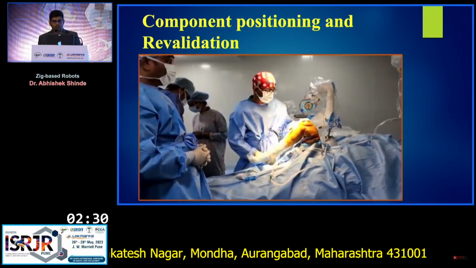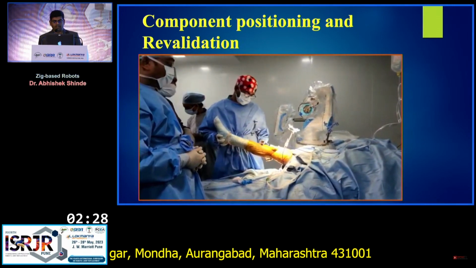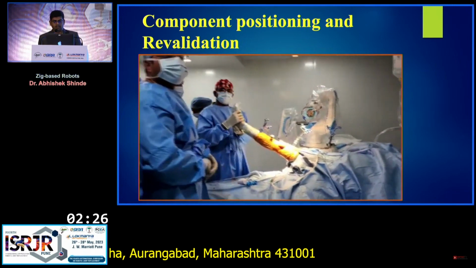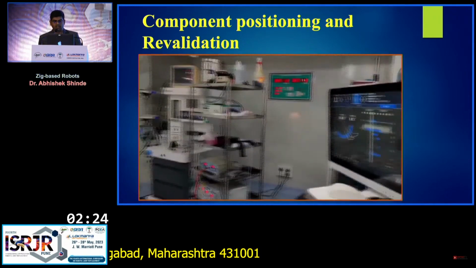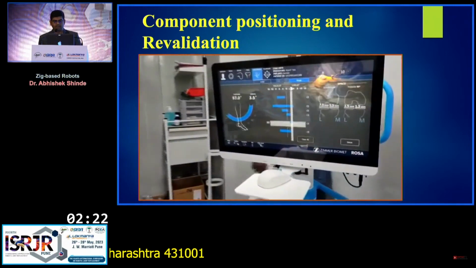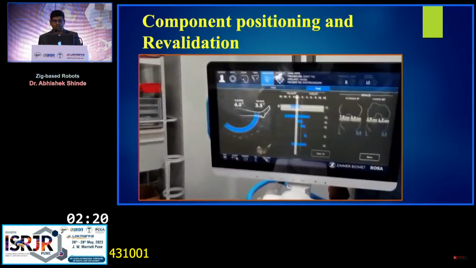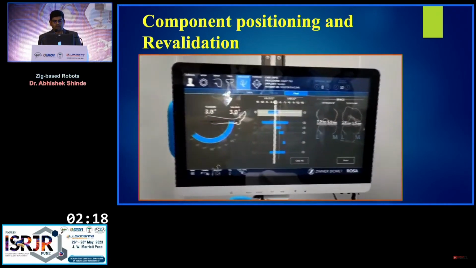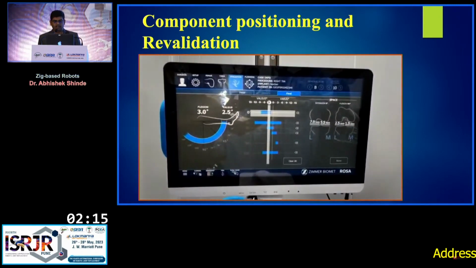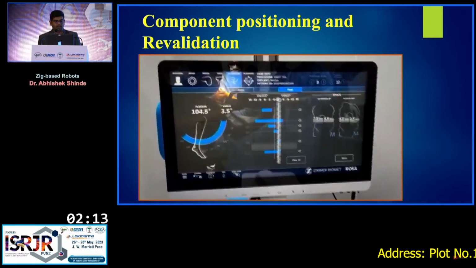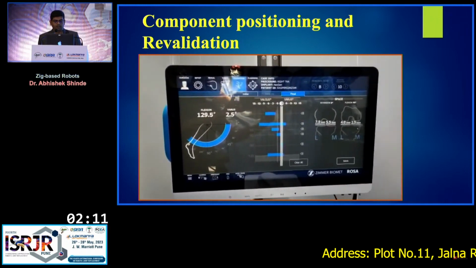What was planned pre-operatively, or rather intraoperatively, you can check on the screen: how much correction you have achieved throughout the range of motion, and how much valgus, mechanical alignment or kinematic alignment, whatever you prefer.